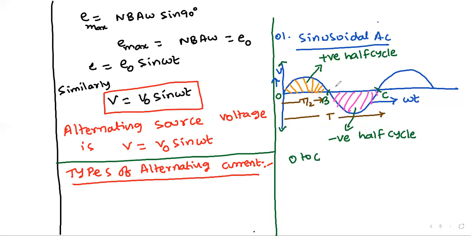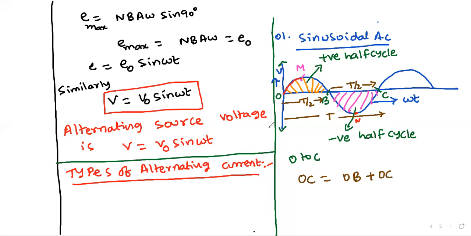B to C is also T by 2. So OC is OB plus BC. Now let us consider the point M and another point N. You can see O to M.